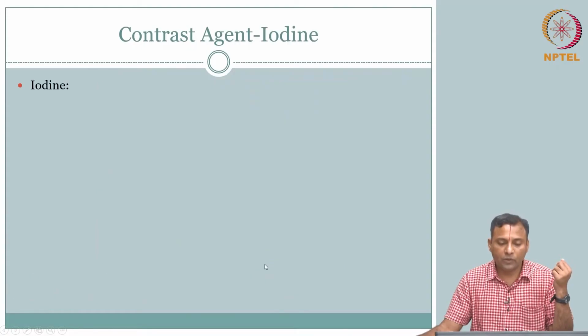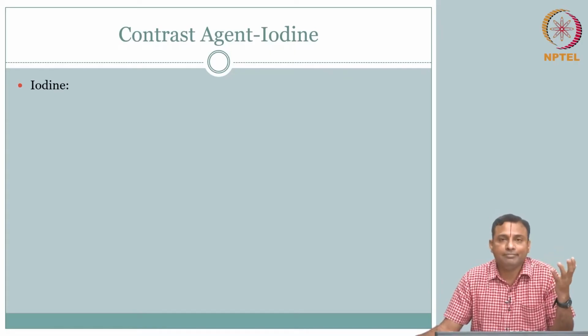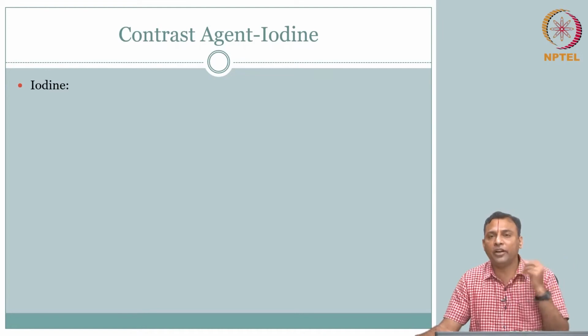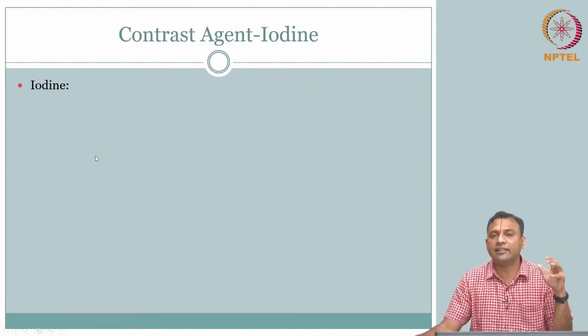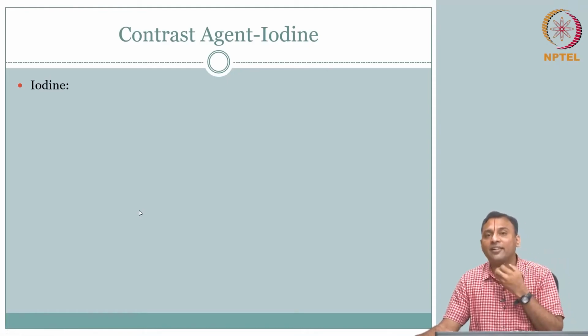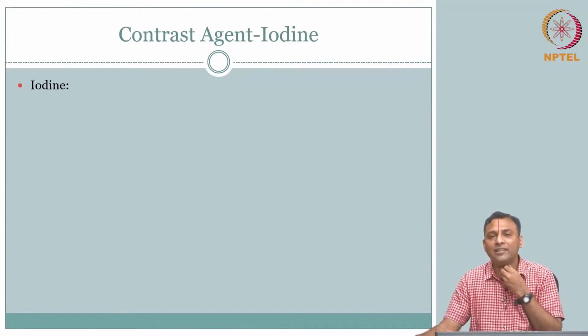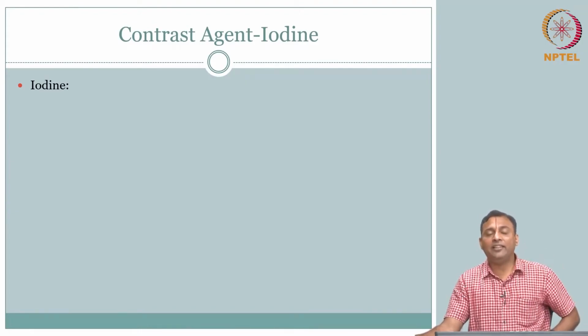So what are the typical compounds? For example, iodine. You might know from basic knowledge that your thyroid is a natural center for iodine. You would have seen in 6th or 7th standard textbooks goiter, iodized salt, all these things, so you would be familiar. So iodine has activity in the thyroid.